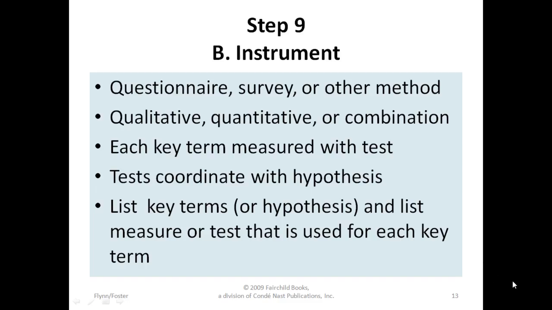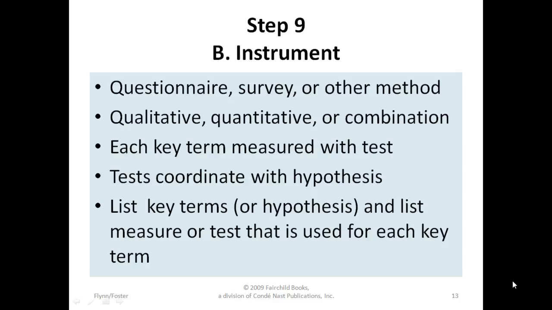Now we're going to look at step 9, which is the instrument. The instrument is on the Part B part of your FRAF, and you want to explain what procedure was used to collect the data. The first thing you say is that it was a quantitative study because they did a survey, and we know that's quantitative, and we know that they measured their key terms.